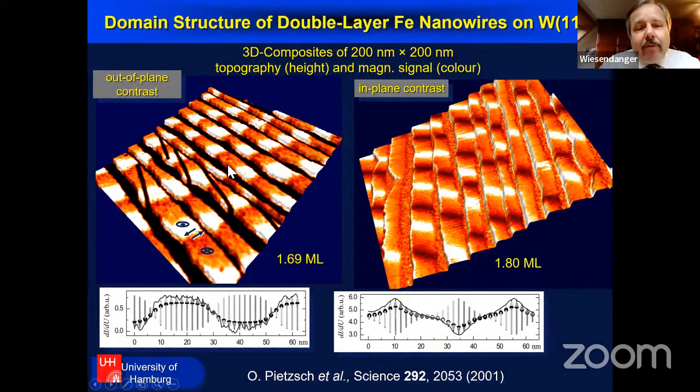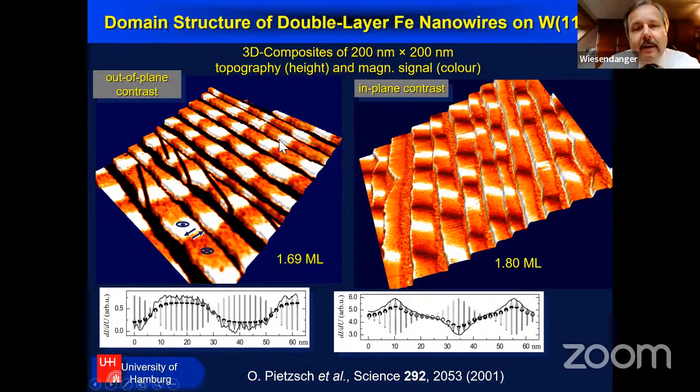Of course, as I said before, we have out-of-plane anisotropy for these double layer iron layers on tungsten 110. Here again, this is an out-of-plane spin-sensitive image where we see this domain structure. Now, if we turn to an in-plane spin contrast image, you see that the contrast is coming from the magnetic domain walls, and we see alternating contrast coming from the domain walls.